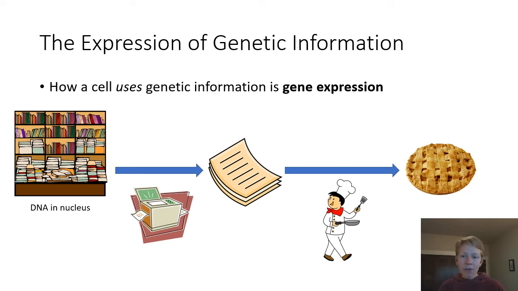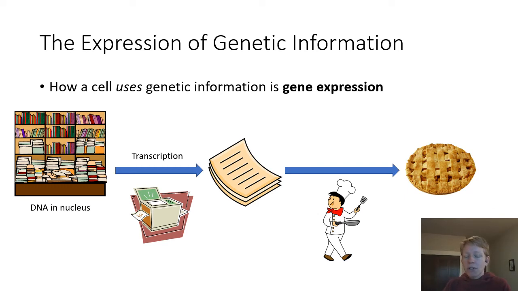Well, the library represents all the DNA in our nucleus. So all those books have all that different information that we could possibly want, but those books never leave the library. The process of photocopying just a single recipe or a single item of information is called transcription.